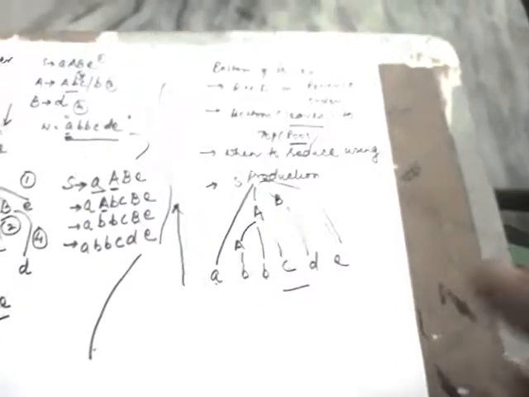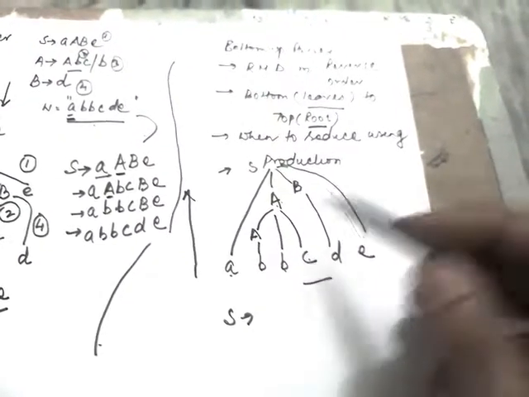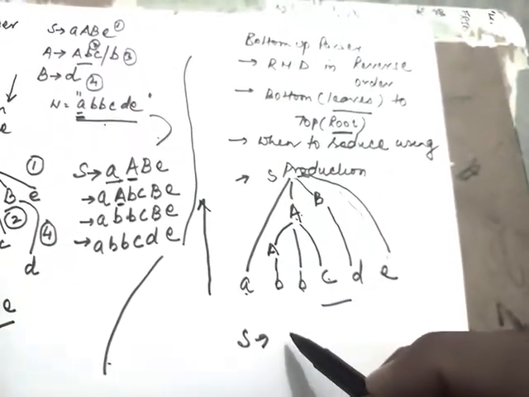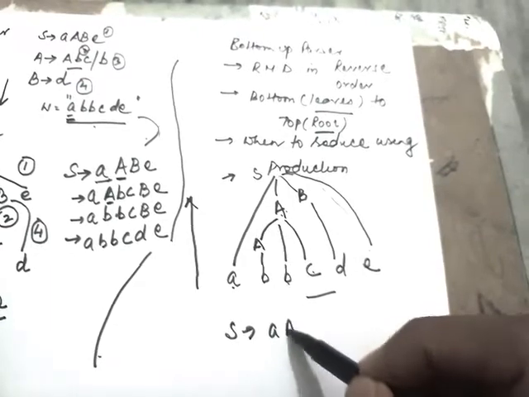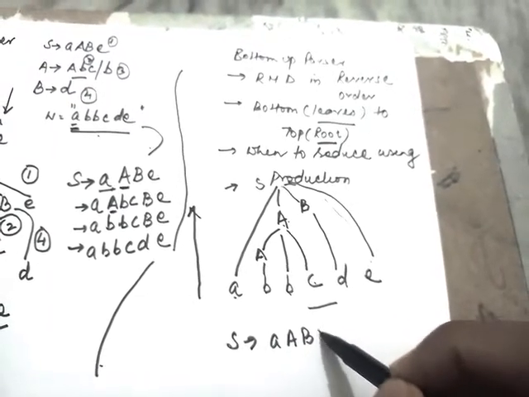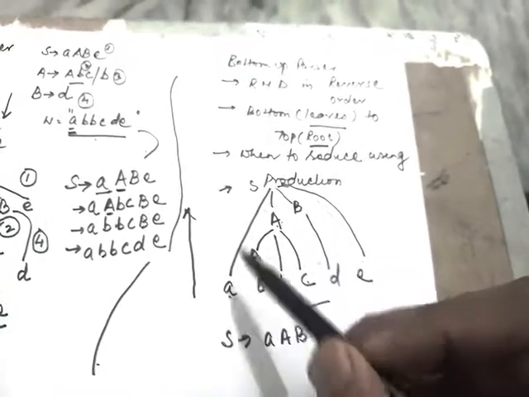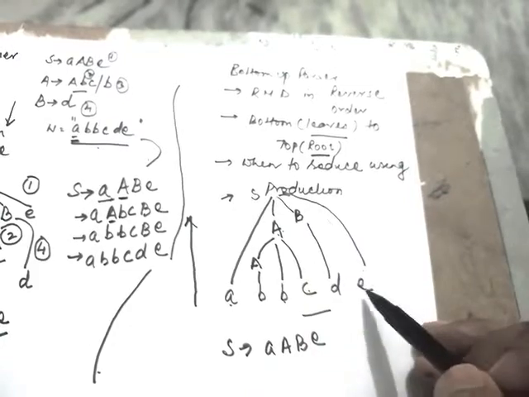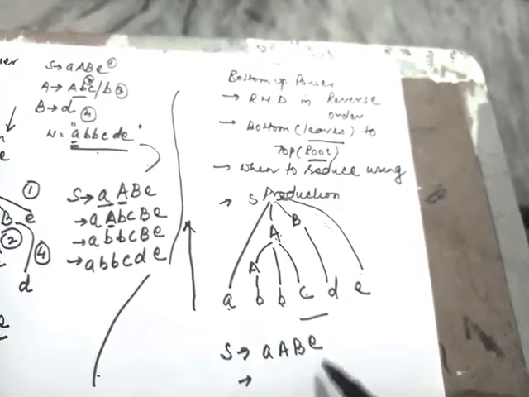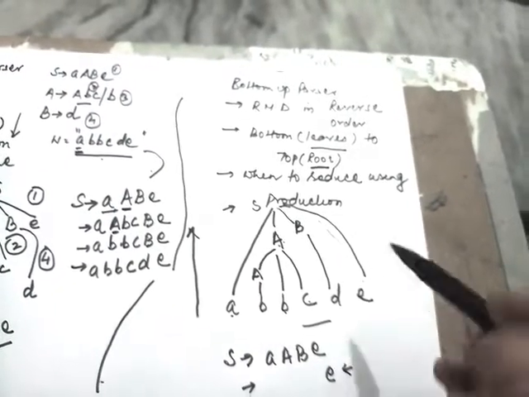Second thing is that if I am going to do the derivation process, it will be like this: S, A, B, E. Now this derivation is from the right side, so E is okay.